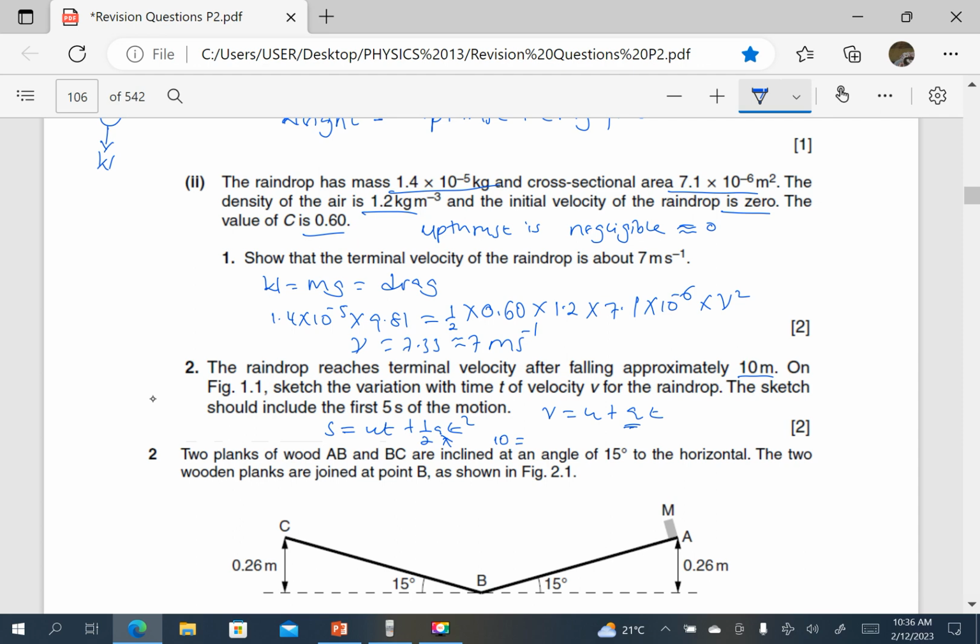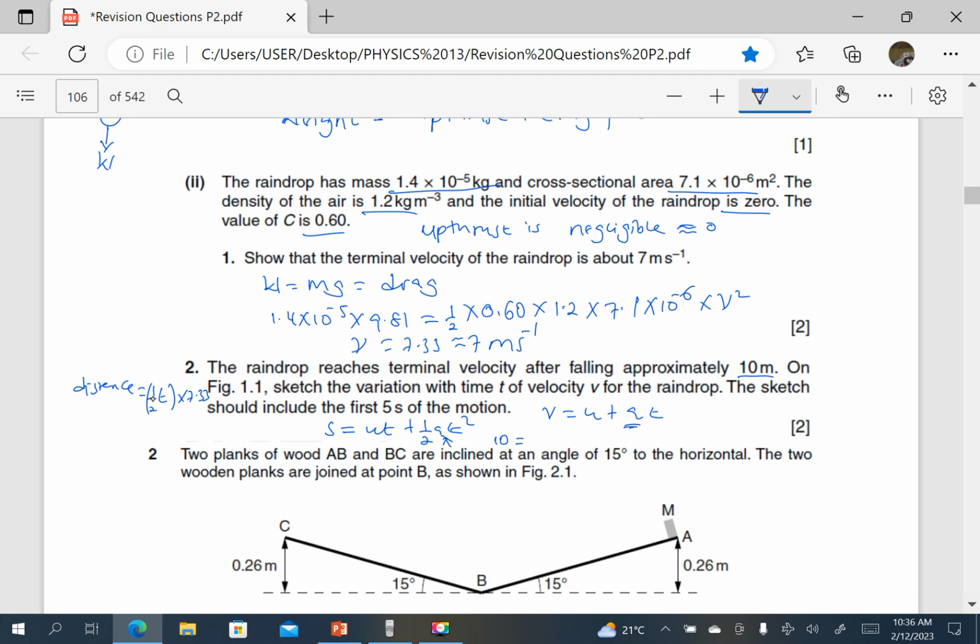Let me use S equals... assuming the distance is the area under the graph, then we estimate that it is going to be a triangle. So the distance is going to be a half of time times the terminal velocity, 7.33 on the vertical.